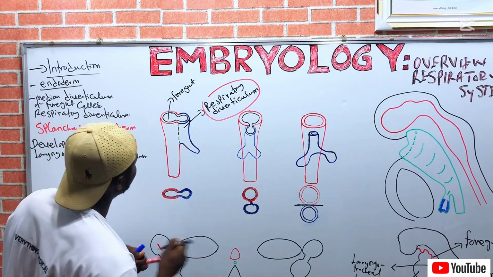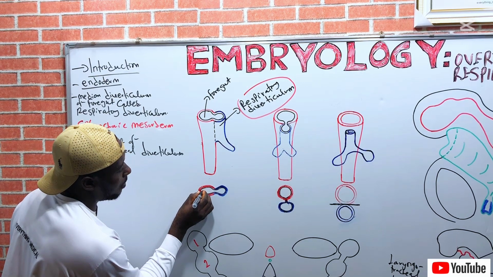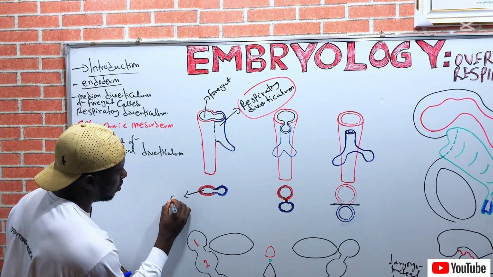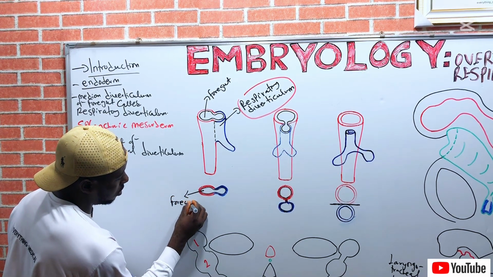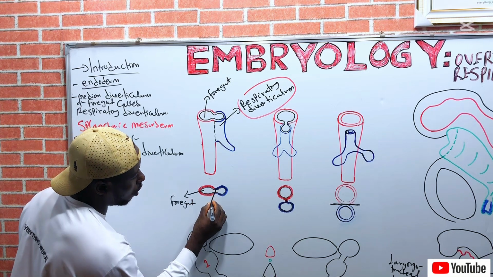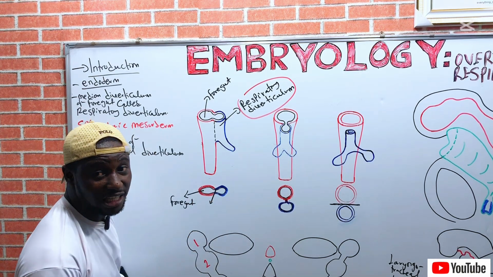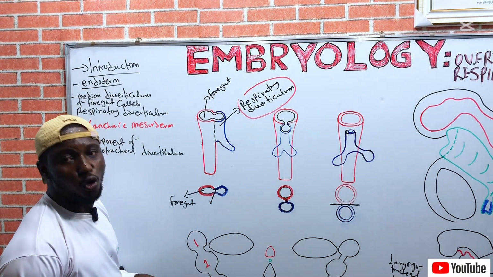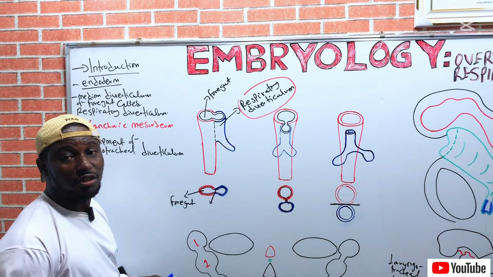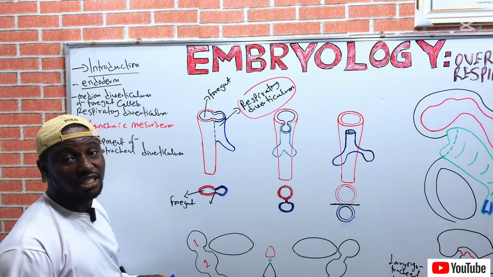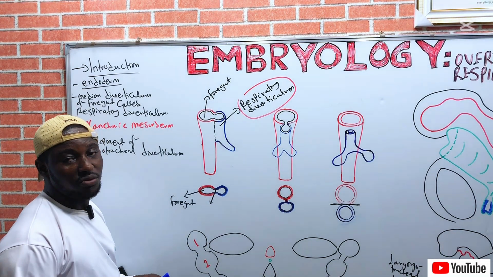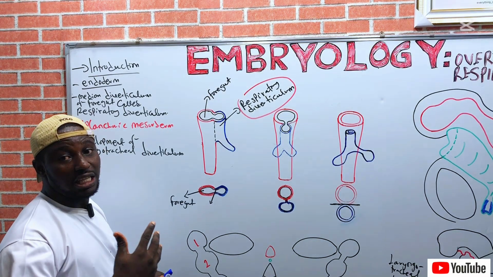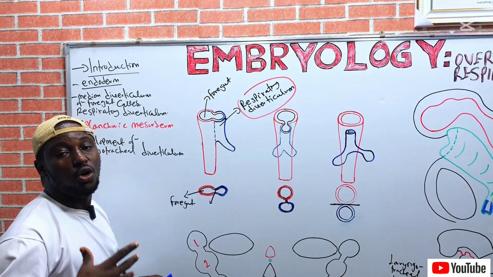So this remains our foregut. This is what we call the tracheoesophageal fold. It leads to the development of the tracheoesophageal septum, which separates the laryngotracheal diverticulum from the esophagus.